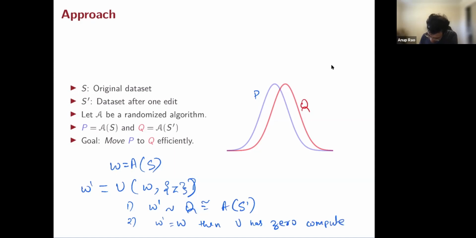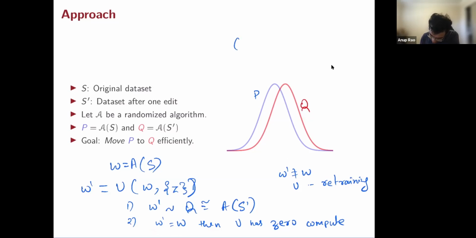And in the other case, where W prime is not equal to W, then U is essentially retraining. The amount of time it spends is equivalent to retraining. Then what we want is to design U that maximizes this probability of W prime being equal to W.